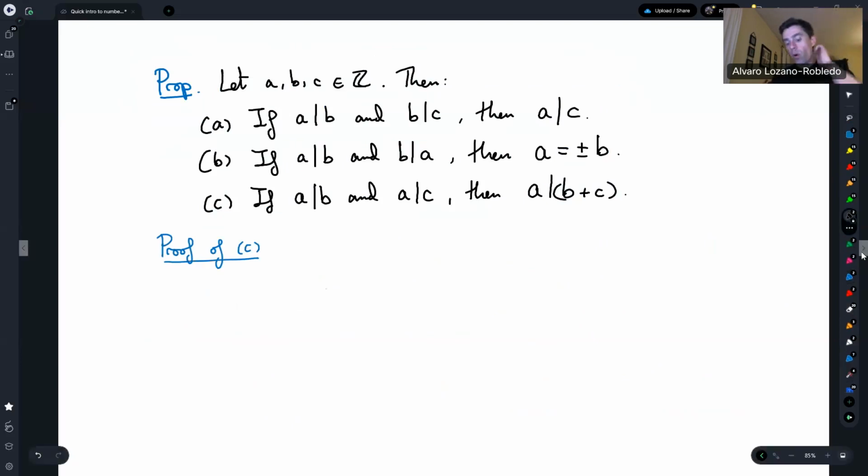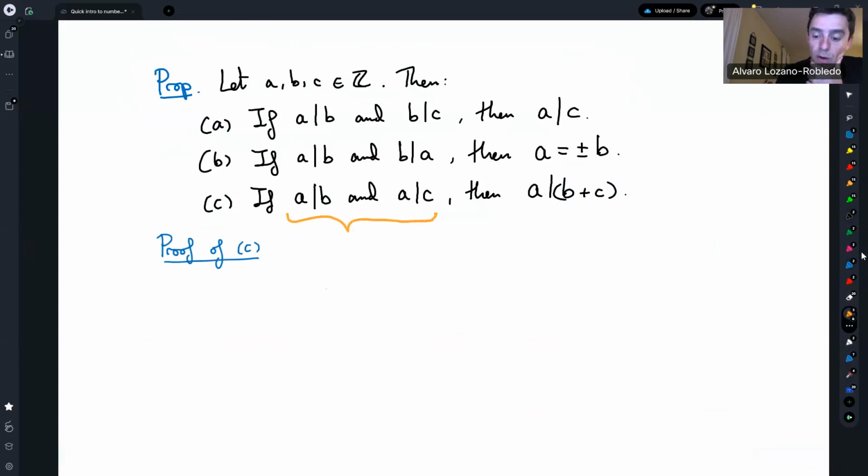How do we go about proving this? This is an if-then statement, so we can assume the hypothesis, which we know what it means from the definitions, and then prove the conclusion. We start with: suppose A, B, and C are integers, A divides B and A divides C.